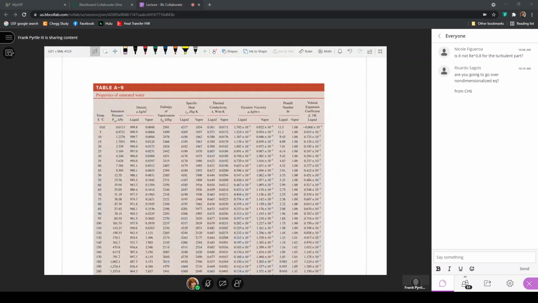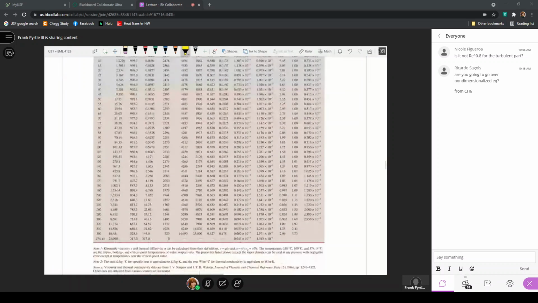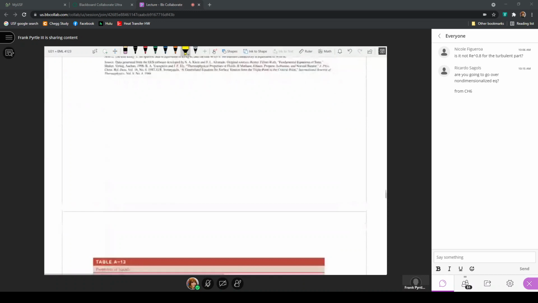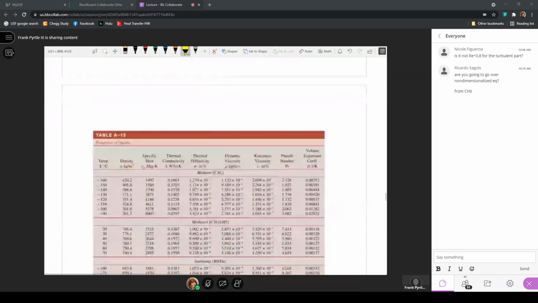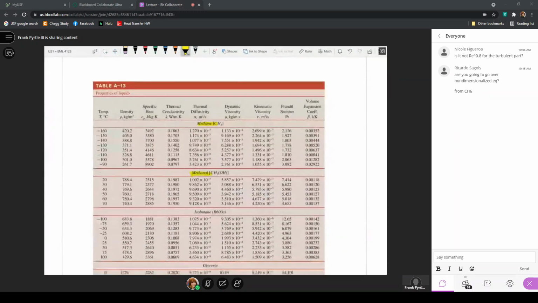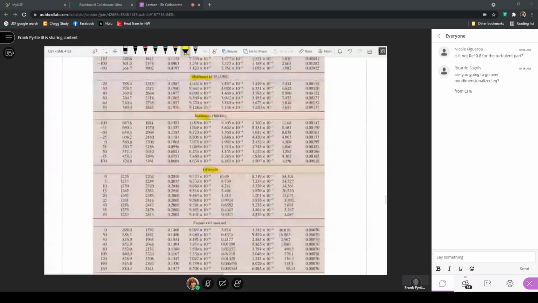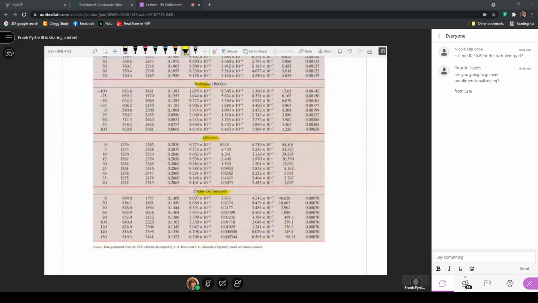Yeah, for water it's table A9. But here we're looking up engine oil. So I'll go back to A13 here. So we have methane, methanol, isobutane, a bunch of different fluids, but here we have the engine oil.